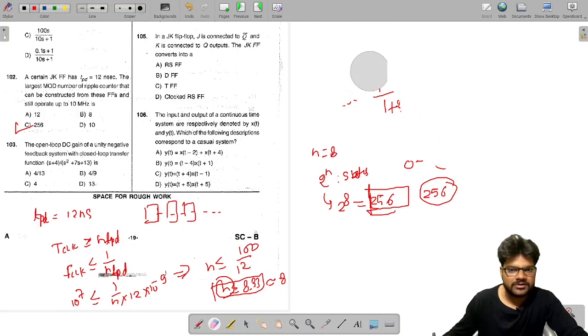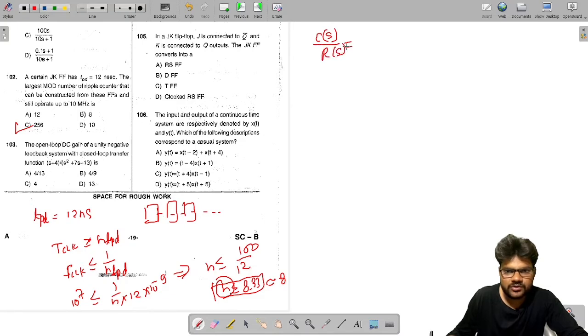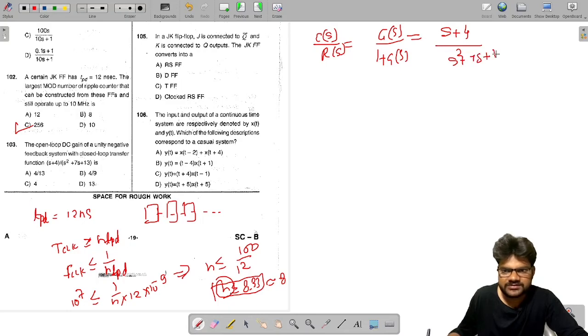Question number 103. This is again from control systems. We are asked the open loop DC gain of a unity negative feedback system with a closed loop transfer function given. Since this is unity feedback, C(S) by R(S), the closed loop transfer function, is G(S) upon 1 plus G(S). We are given S plus 4 divided by S square plus 7S plus 13.